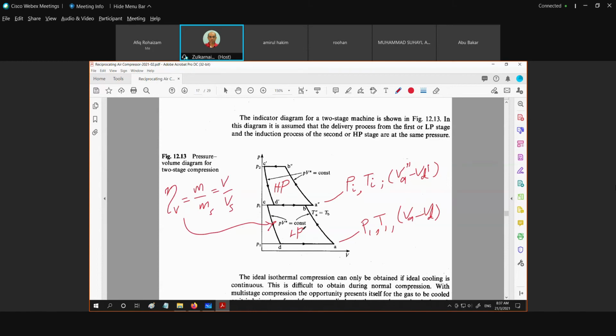Because the low pressure compressor is the compressor which take the air from where? From the free air, the ambient condition. Whereby the high pressure compressor, dia tak ambil udara daripada P dan T. So kita tak boleh gunakan this definition of volumetric efficiency kepada high pressure compressor. So this volumetric efficiency can only be applied to the low pressure compressor because of the free air condition.